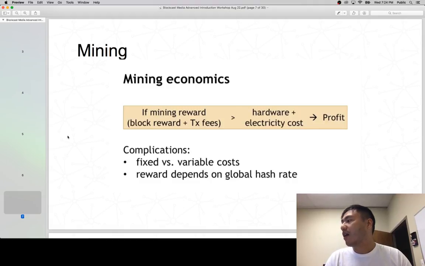A lot of these rewards and how likely you are to find the next block really depends on the global hash power that goes into it. So the amount of energy that goes into trying to solve this cryptographic puzzle.